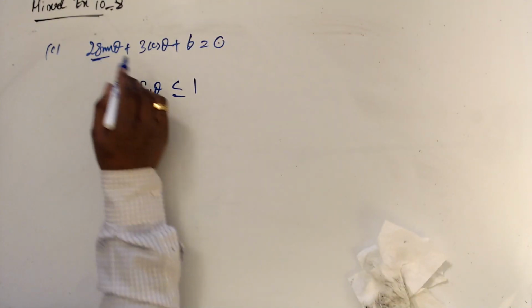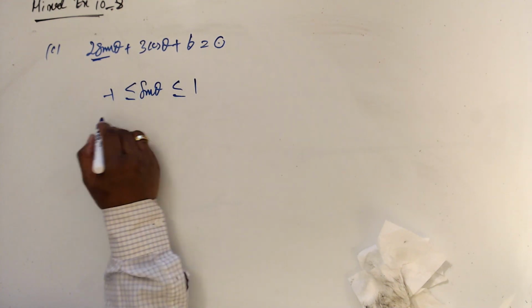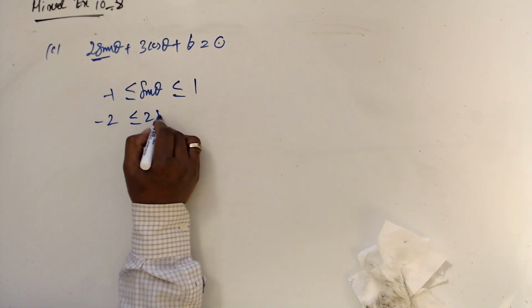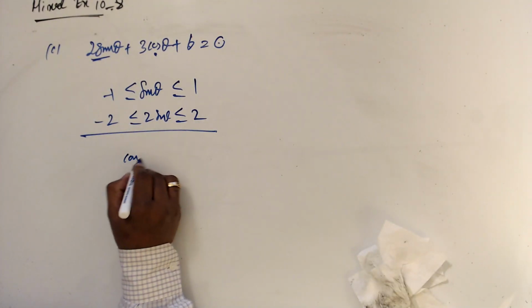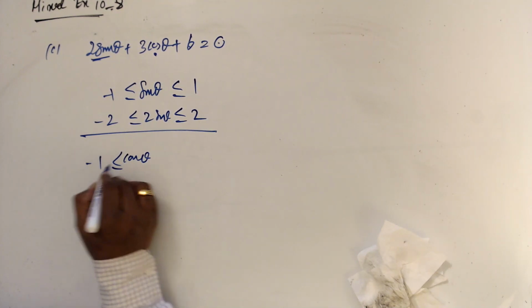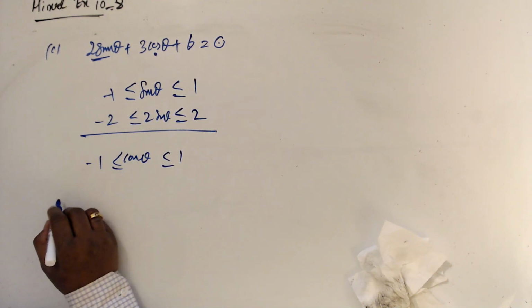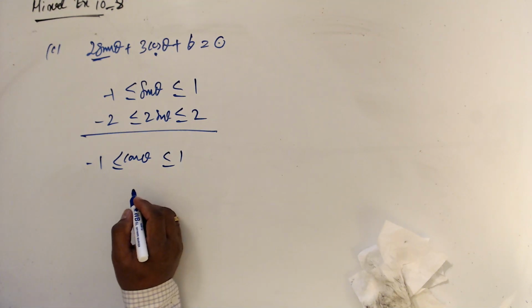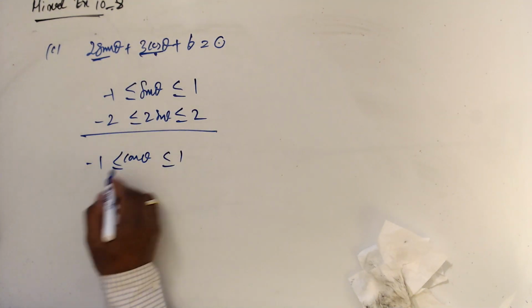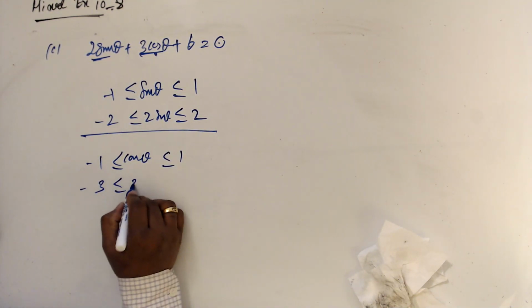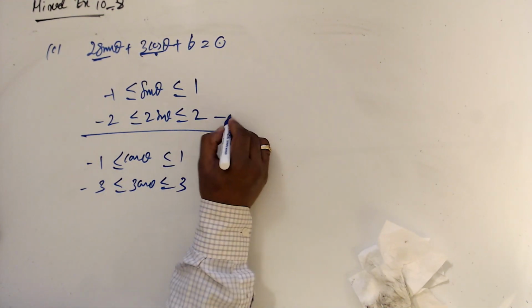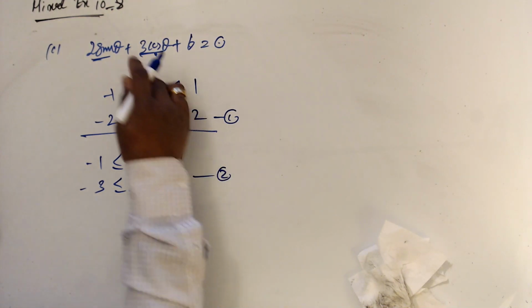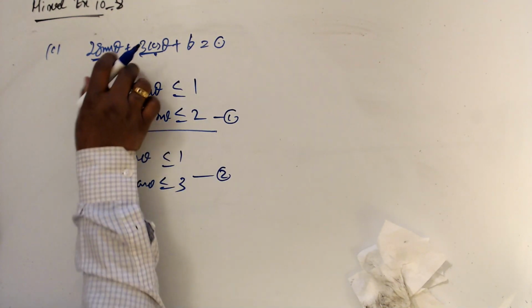Then 2 sine theta: I multiply by this 2. Cos theta we know is in between minus 1 and 1. Then 3 cos theta: I multiply by 3, so it goes from minus 3 to 3. Now this is 1 and this is 2. I add those two together.